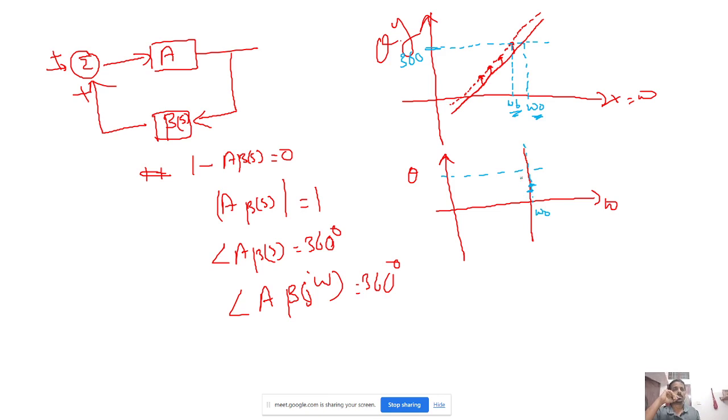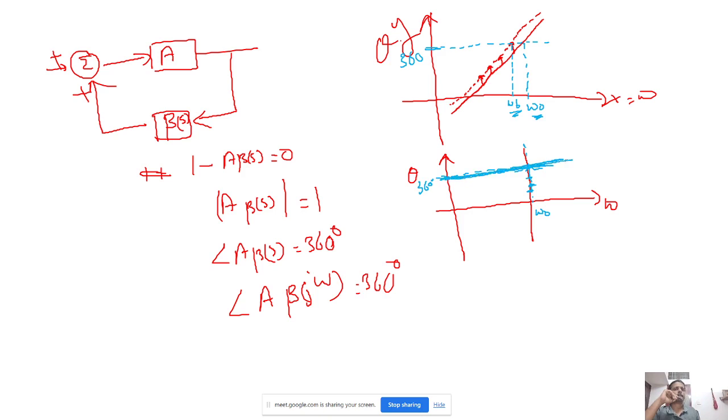Frequency is fixed, omega naught. So at this frequency we'll get the 360 degree. So even if there are any perturbations, it won't affect here. There is no shift, right? Yeah, theta is varying, but at this frequency we have 360 also, right?